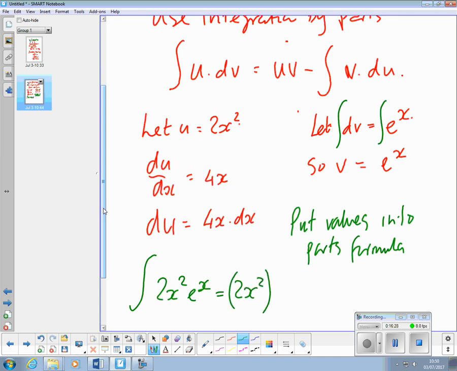I do recommend at the moment you put each of these terms in brackets, times v, e to the x, minus the integral of v, e to the x, times du, 4x dx.